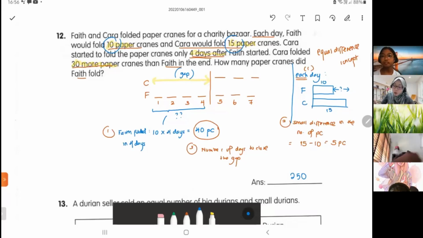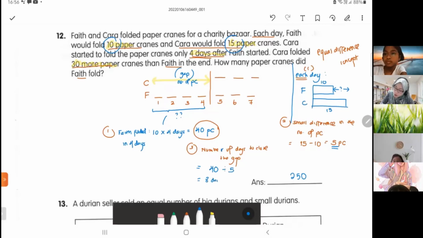I'm talking about the total number of paper cranes, not the days. Days is 4 in this case. But even though it's just 4 days, the number of paper cranes is not the same as 4 days. It's more than that. The number of days to close the gap will be, you take your 40 paper cranes that is folded in 4 days divided by the difference, 5. I need 8 days to close the gap. Okay.